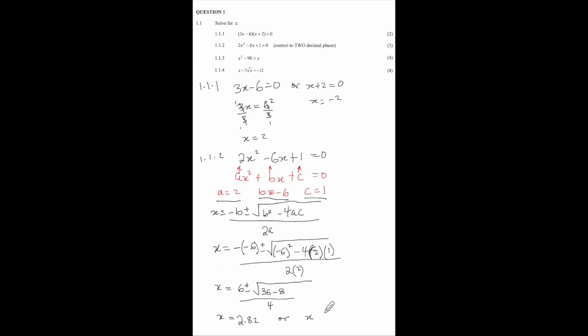It's giving me 0.18. Like it says here, it says 2 decimal places, so I have to round off my answers to 2 decimal places. All right.